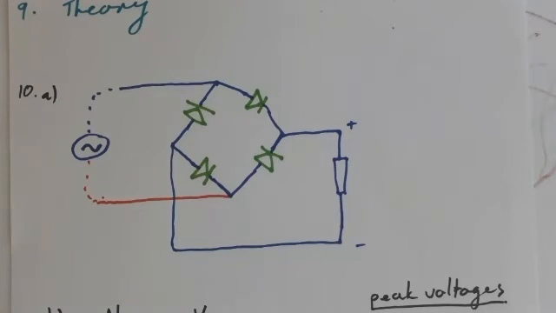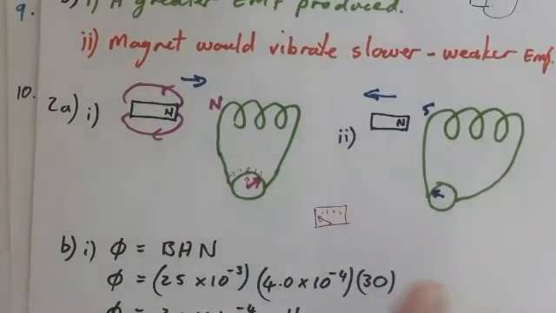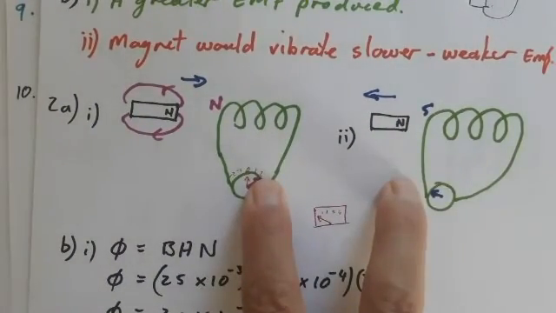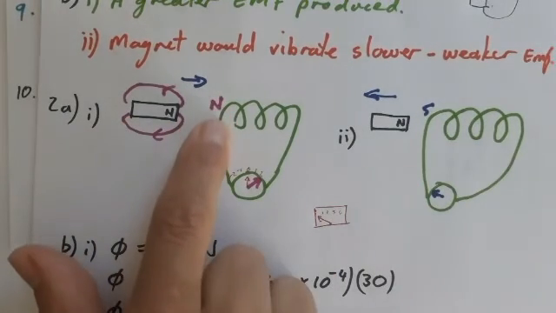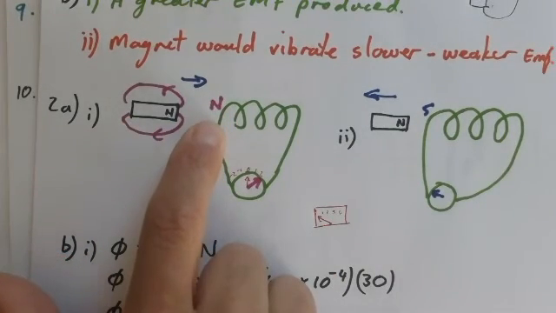Let me go back to our question that we had last time. If you push the bar magnet in with a north, there should be a north being produced because it will oppose it. How would we find that out?